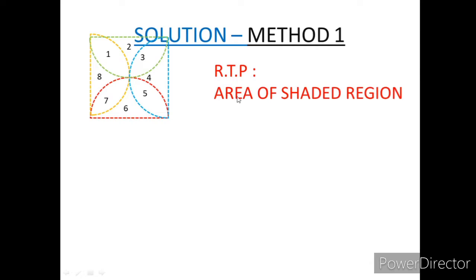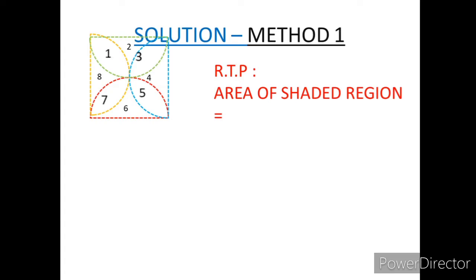According to the given problem, the area of the shaded region is equal to... Here see, the glowing part 1, glowing part 3, glowing part 5, glowing part 7. We are going to find these 4 shapes. So clearly we are going to find the area of part 1, part 3, part 5, part 7, isn't it? Is it clear?